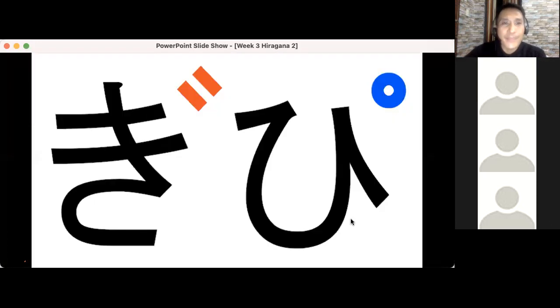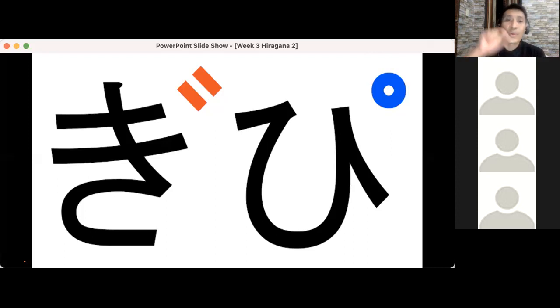So halimbawa, ito. Di ba ki at saka hi? Pero pag nilagyan natin ng Dakuten, yung parang dalawang, parang open quotation mark, ang tunog nito ay magiging gi na siya. So imbes na ki, magiging gi. At pag nilagyan natin ng Handakuten, yung parang maliit na circle, ang hi ay magiging pi.